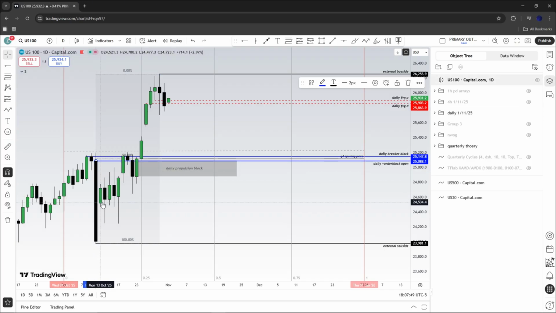We've traded into the 50% over here, the mean threshold. We proceeded to break higher and close above it. We saw us trade back down into the propulsion block, which exists inside of this range, after we've already reacted off of the bullish order block mean threshold. Back down into the propulsion block, and then we proceeded to break higher.